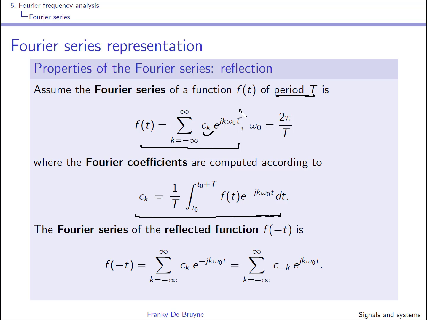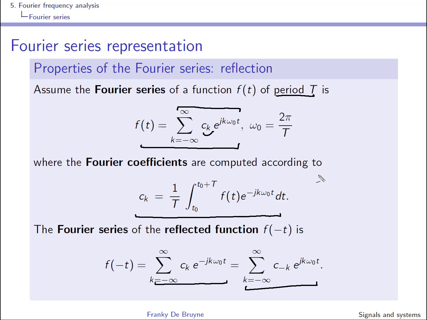So what we can do in this expression over here is replace t by -t, and this is what you obtain. But in this expression, if you replace k by -k, you are just changing the ordering in the sum, but you will not change the sum itself. So if you do this, you obtain this expression here for f(-t).